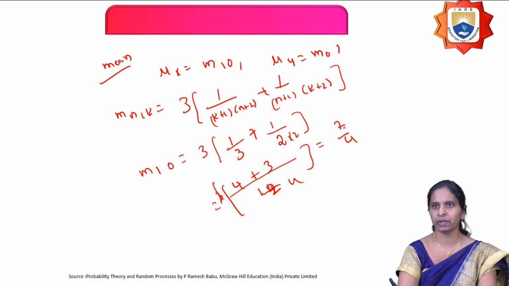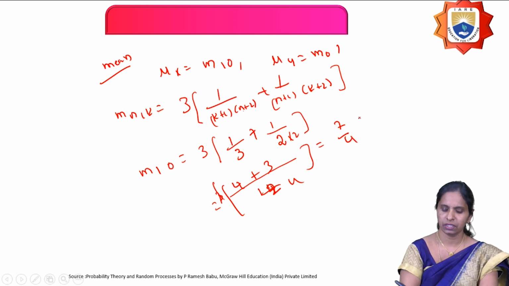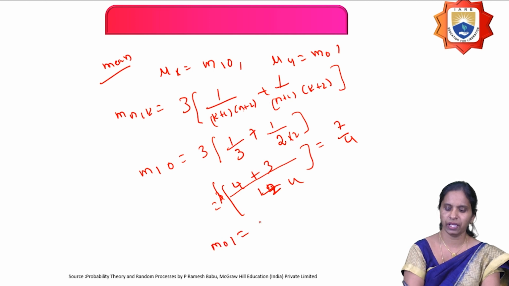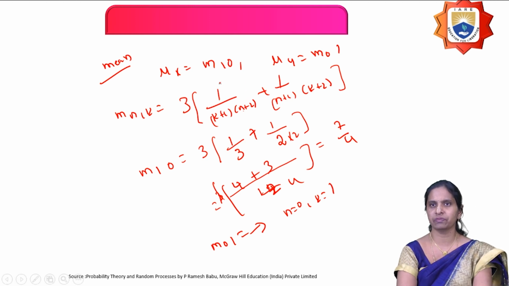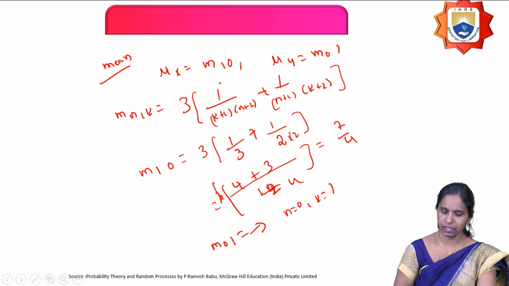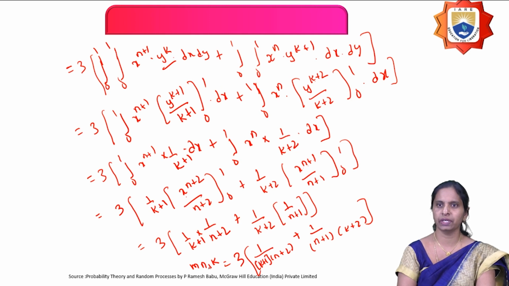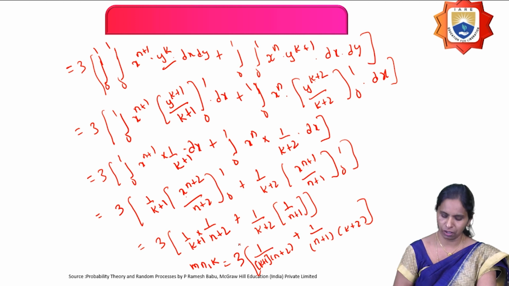Therefore, the mean of x is nothing but 7 by 4. Similarly, you can calculate the mean of y by substituting n value 0 and k value 1. Like that, you can calculate the means, variances and so on, by substituting in the formula of m suffix n comma k, which is called the joint moments about the origin.